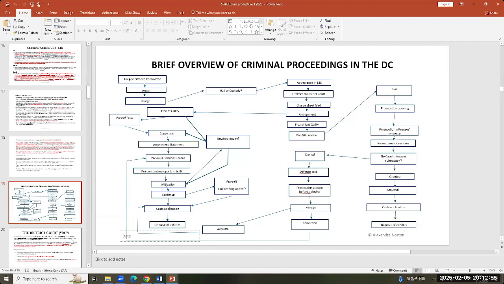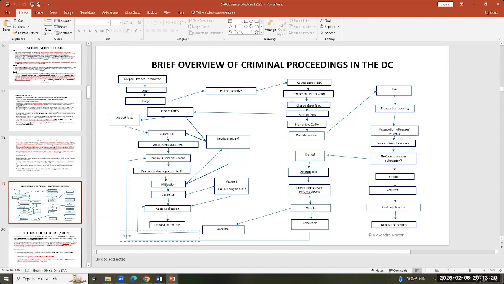It's just a different terminology. So the plea is taken from him in the district court, and we know on that first appearance he's only asked to indicate his plea of guilty. If he pleads not guilty, then there'll probably be a pretrial review, and then off to the trial you go. I've summarized the stages of the trial for you, which we'll talk about later on.